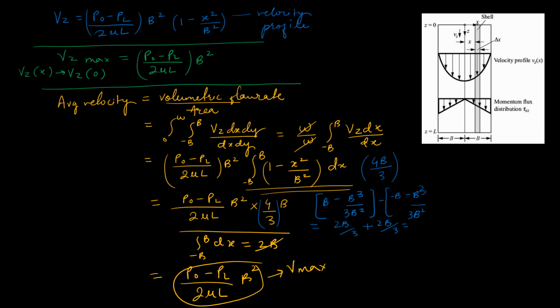So 2b gets cancelled out by 2 here, which gives me 2 into 3, that is 2 by 3 of Vmax. So average velocity is 2/3 of Vmax, the maximum velocity.